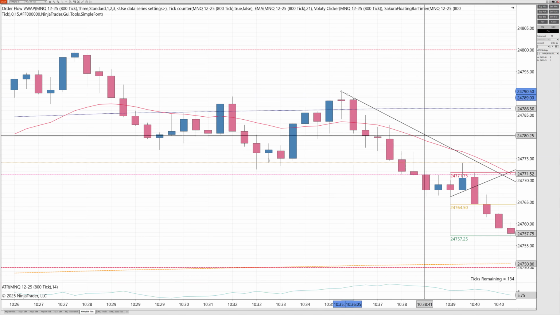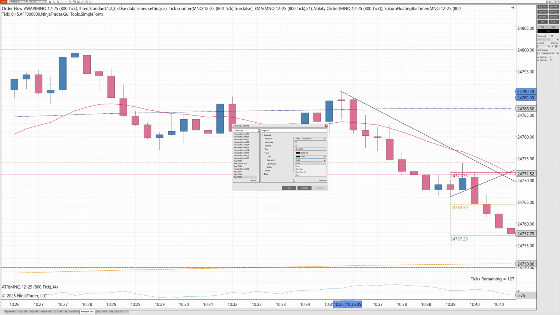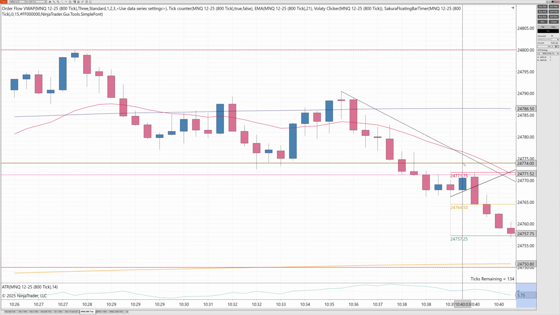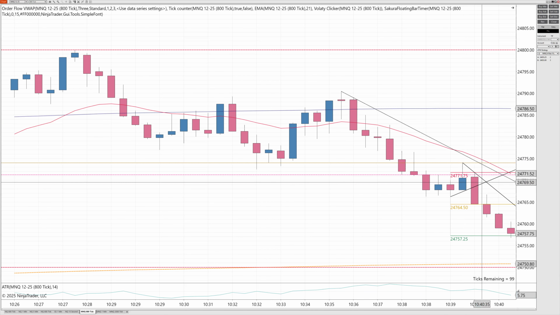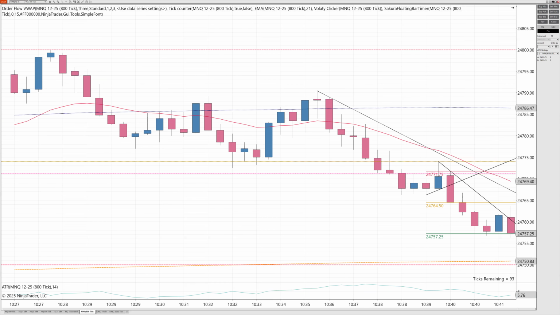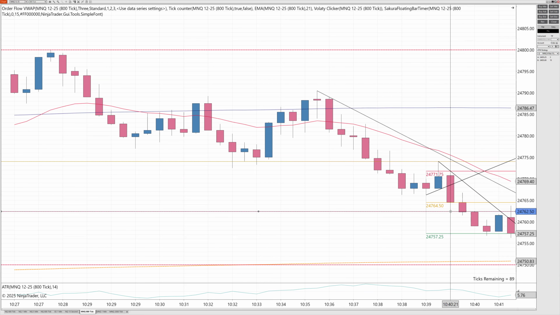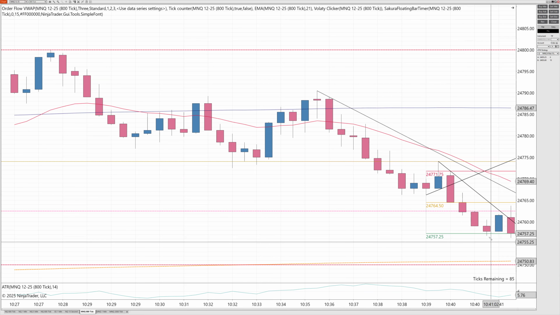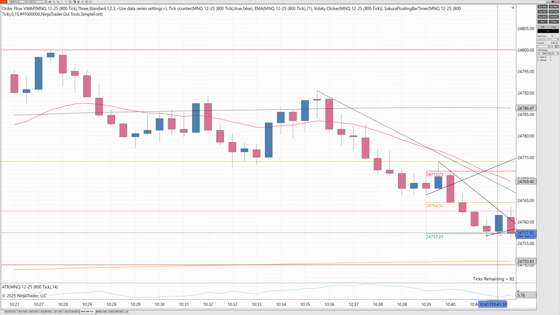We have this one as the bigger trend line now, and this one is the micro trend line. And we would have kept track of a runner, which was taken out here. And now we have this bearish signal.